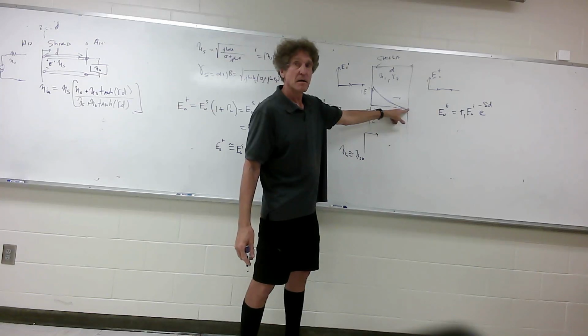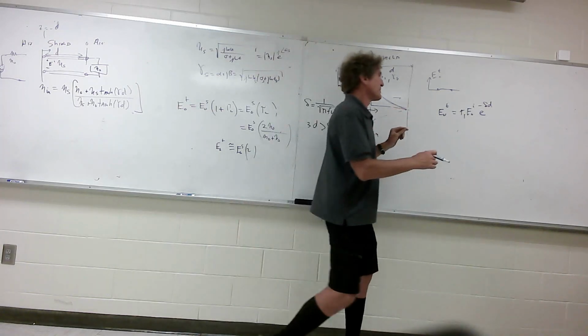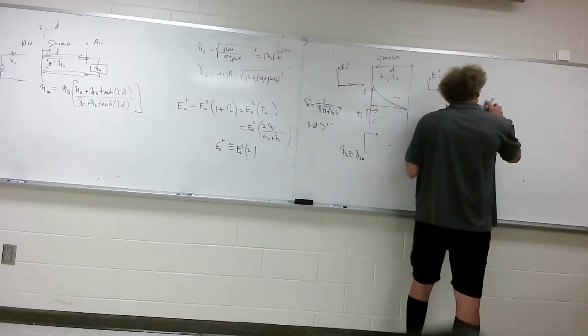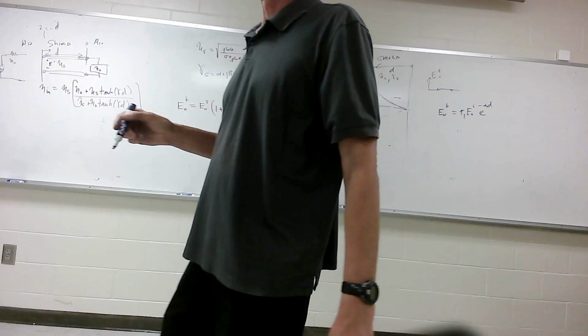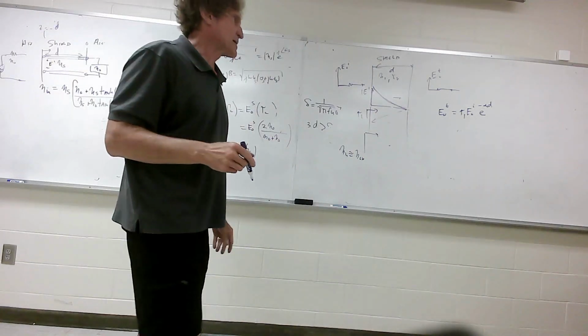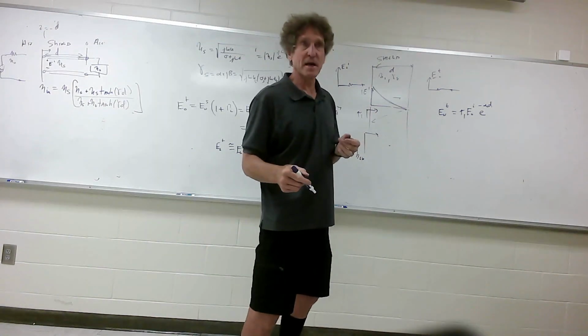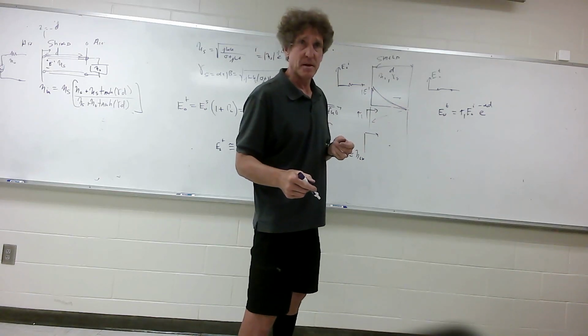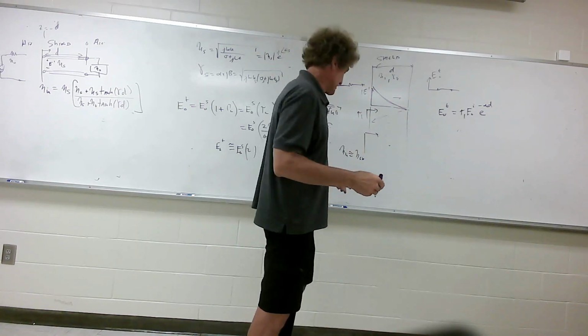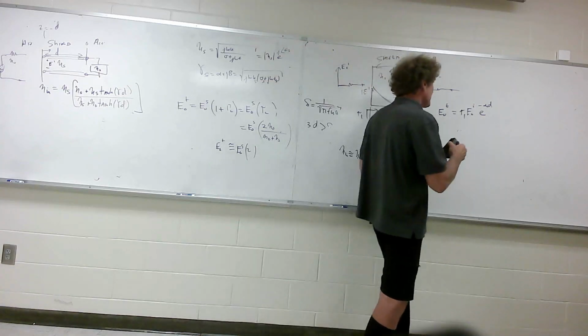Isn't it like times alpha D? Oh, I'm sorry. Alpha. What? Sorry. You're absolutely right. I was going to put gamma. It should have been alpha, but you could put a gamma there too. Whitmer's book has gamma, I believe, if you're looking there. He uses gamma. It should be alpha.